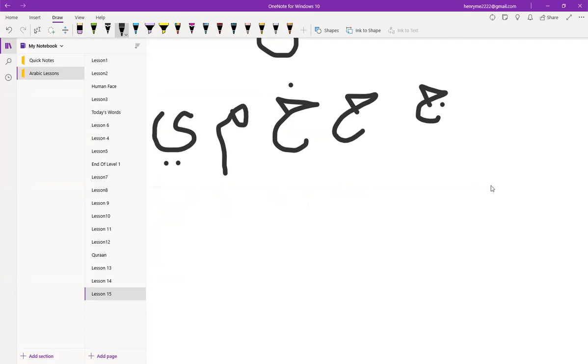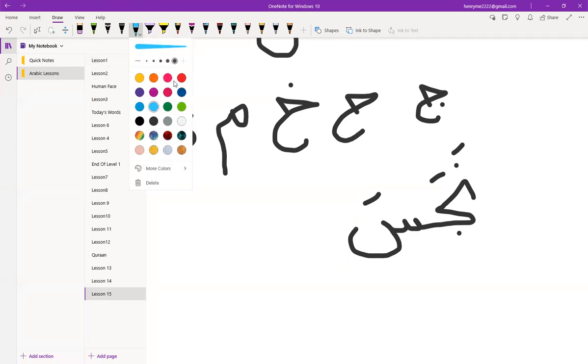This here is na, the first letter, na. It will be easier to use color so you know which is which.